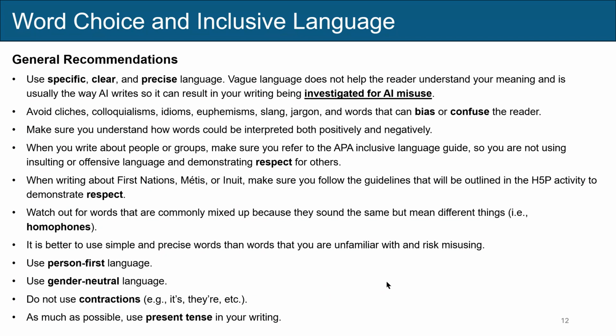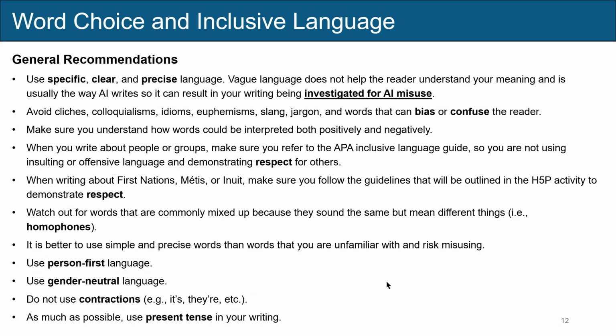Similarly, avoid those words or phrases that don't translate into other languages and have the same meanings. So clichés and colloquialisms and euphemisms, or any language that could bias or confuse the reader. Make sure that you understand how some words can have different interpretations, even if they technically mean similar things.